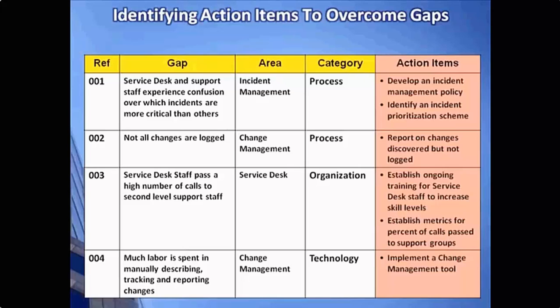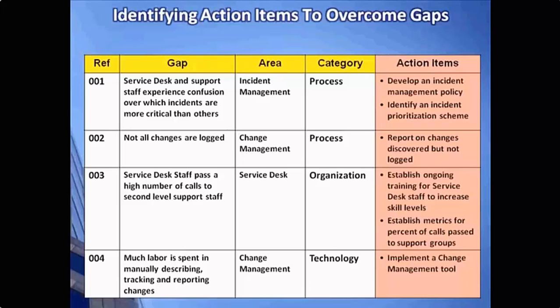Here the service desk support staff was confused over which incidents are more critical than others. We figured that this will be part of an incident management solution, and we will probably fix that by developing something as part of an incident management process. So the category again says process. For our action items that directly address that gap, we've concluded that we will develop an incident management policy which will identify the criticality of incidents that people can refer to.